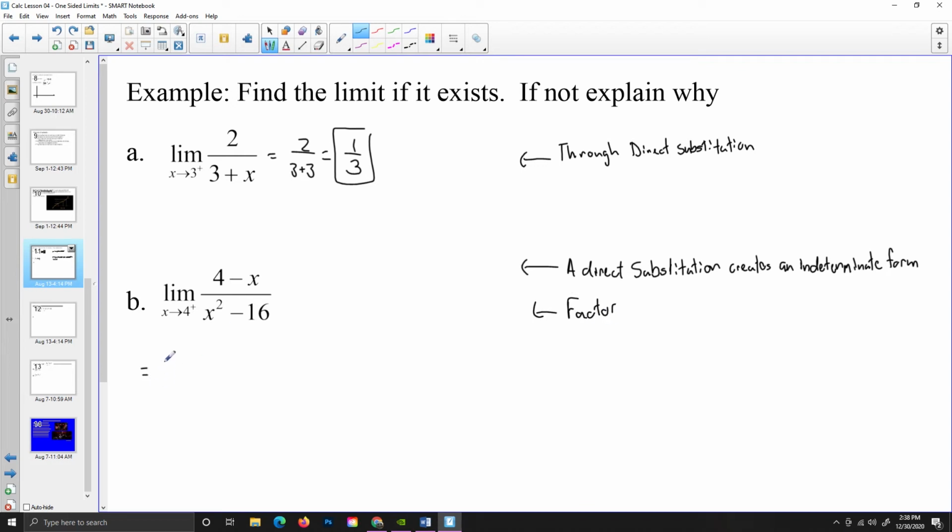So the limit as x goes to 4 from the right-hand side, I've got 4 minus x over, well, this is a squared minus b squared. This is a difference of squares. So I can factor that to x minus 4 and x plus 4. Well, let's talk about this x minus 4.